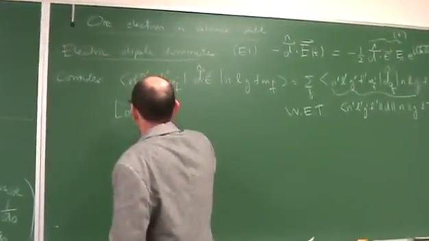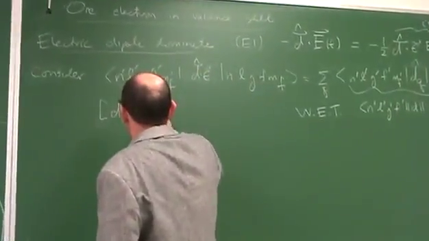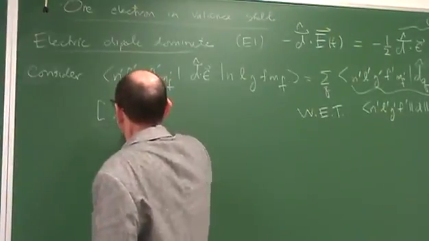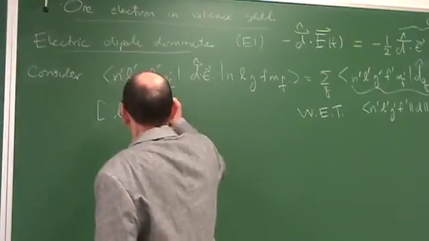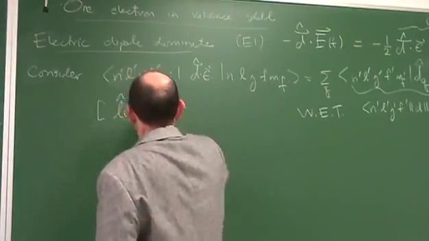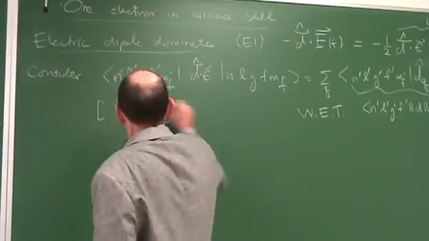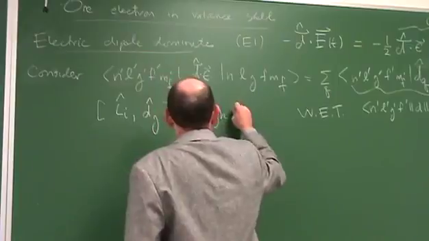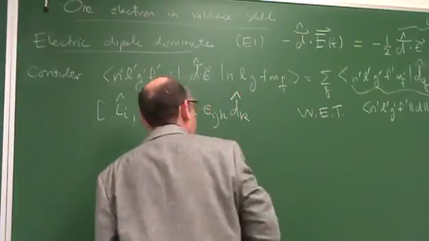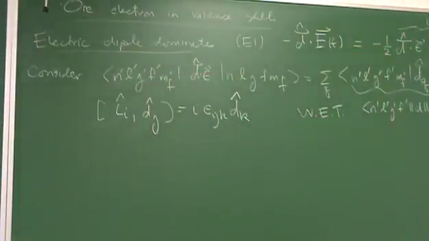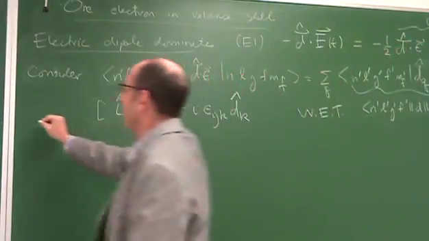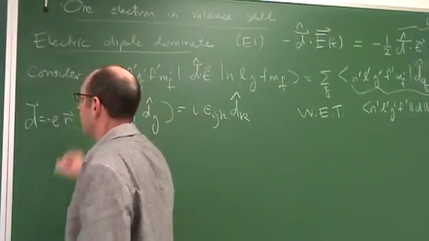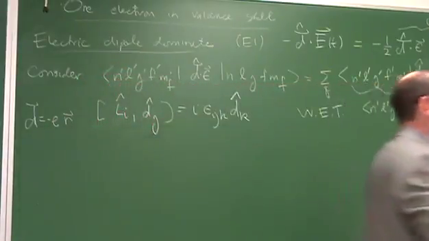D is certainly a vector with respect to orbital angular momentum, because D, remember, is nothing more than the charge of the electron times the relative coordinate of the electron relative to the nucleus.